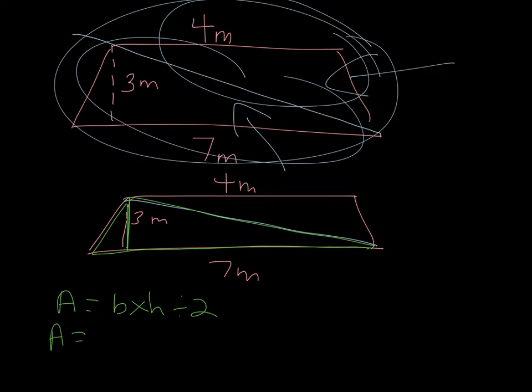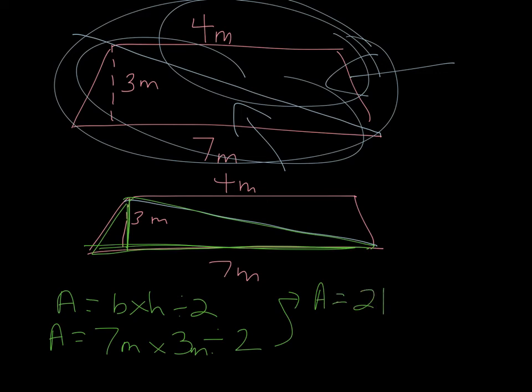And in this case, the base is 7, and the height is 3, divided by 2. So just to continue there, area equals 7 times 3 is 21, divided by 2. Area equals 10.5 meters squared. So that's for triangle 1.